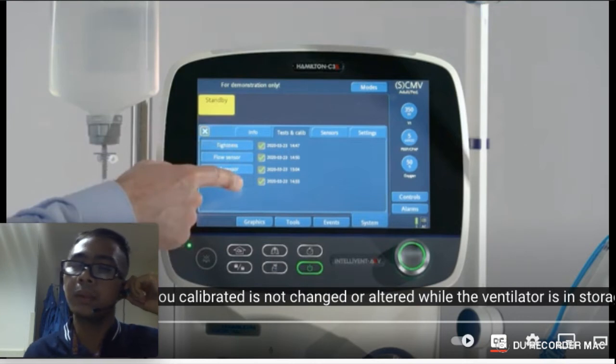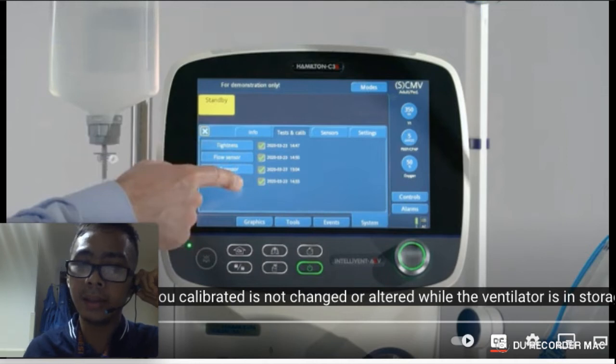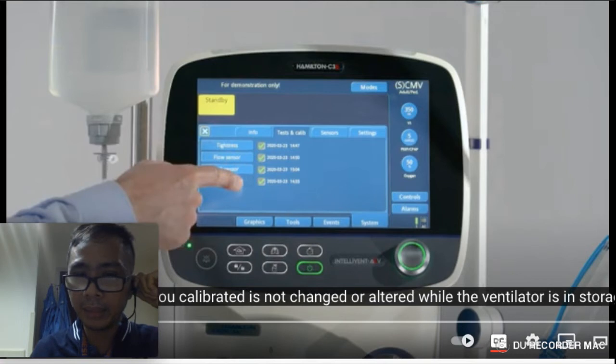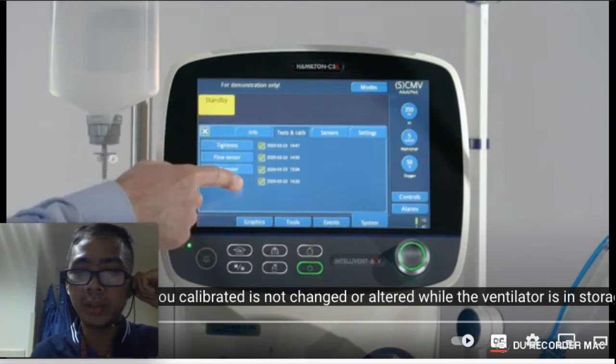So this is the meaning or ang emphasis ng demo video: once you entered the data in the ventilator, the last patient data will be stored to the memory of the ventilator. So most of the data you entered from the previous patient will be recorded, and once you turn on the ventilator for next use, the data na nagre-reflect is based on your last patient.